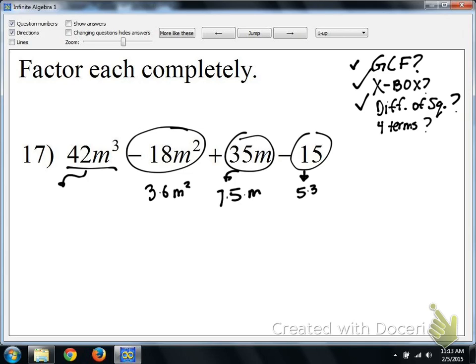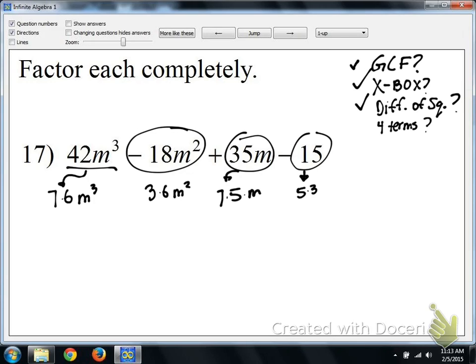And 42m cubed is like saying 7 times 6 times m cubed. So what are the relevant numbers I'm noticing here? 7 and 3, or 6 and 5, because we have 6's here and 5's here.